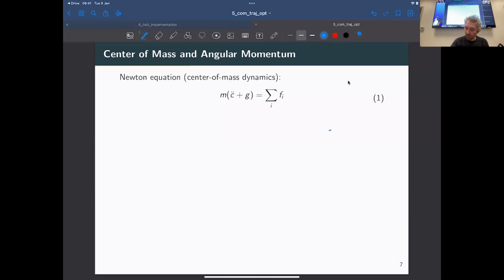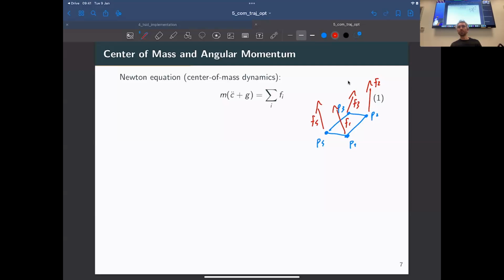So if you have a foot like that, you're going to have 4 contact points, which you can call P1, P2, P3, and P4. And at each of these contact points, you're going to have a contact force which is going to take the name F1, F2, F3, and F4.